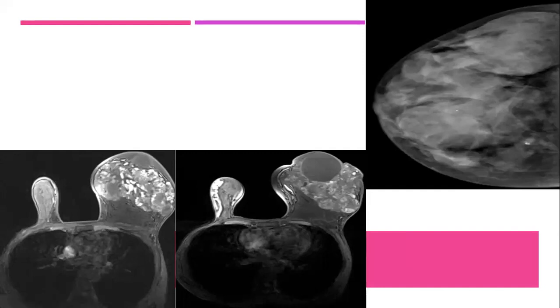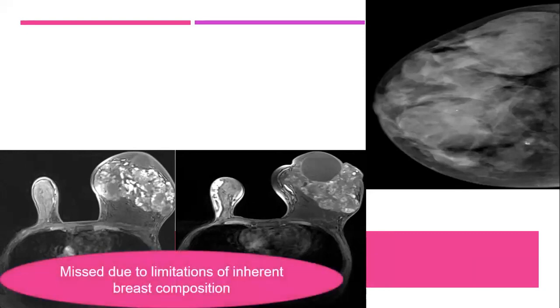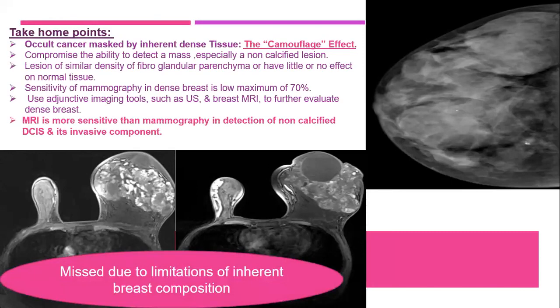See, in a patient demonstrating even ductal DCIS with microinvasions on the contralateral sides. So it is missed due to limitation of inherent breast composition, and the confounding effect of the inherent breast density compromises the ability to detect the mass or any abnormality, especially a mass if non-calcified or non-distorted.